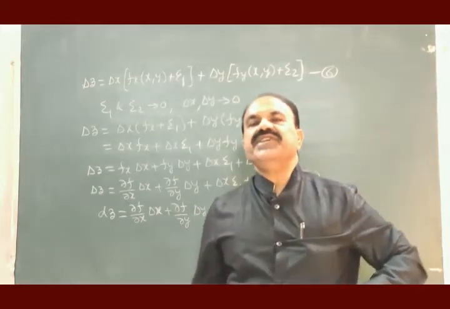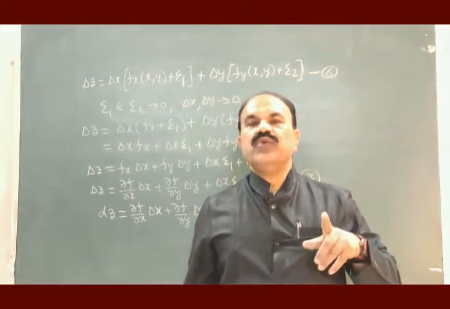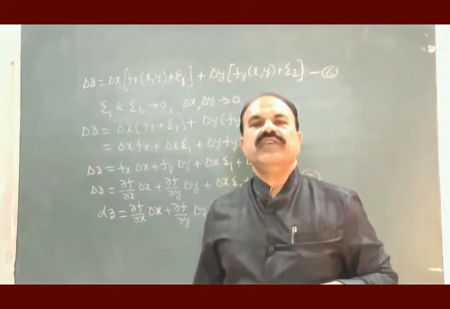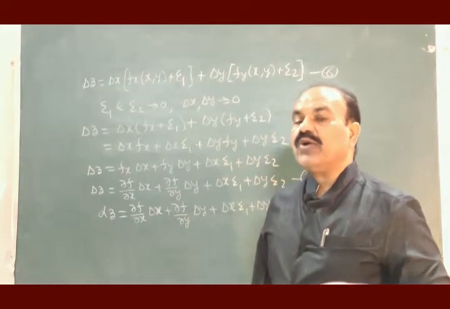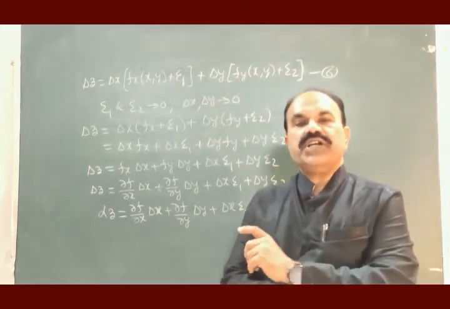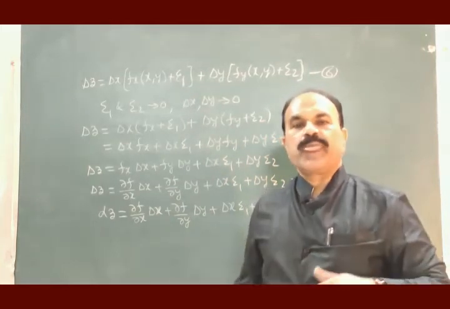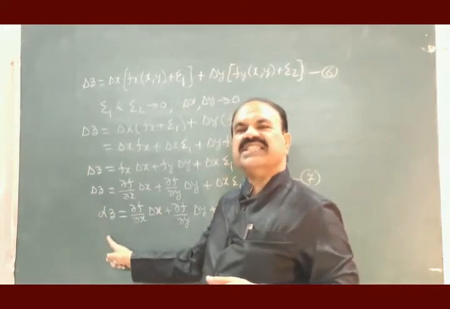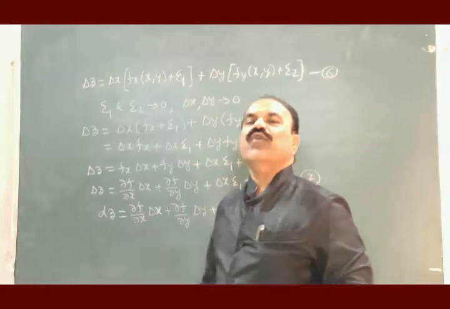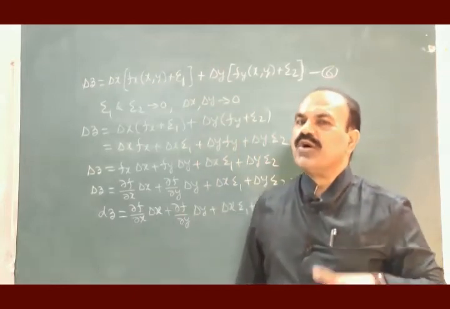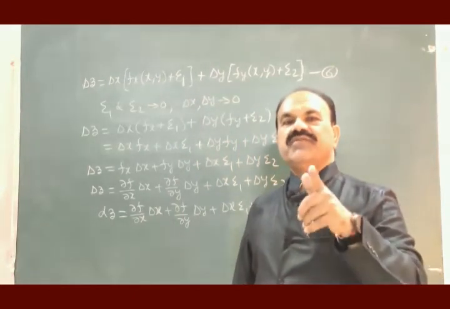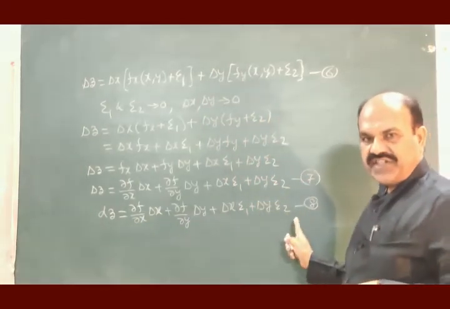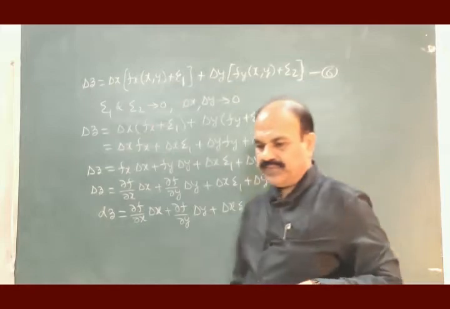Equation number 7 is the total differentiation of the function z is equal to f of (x, y). When we talk of equation 7 as total differentiation, this delta z may be written as dz, and therefore the total differentiation of the function z is equal to f of (x, y) is simply given by this equation, equation number 8.